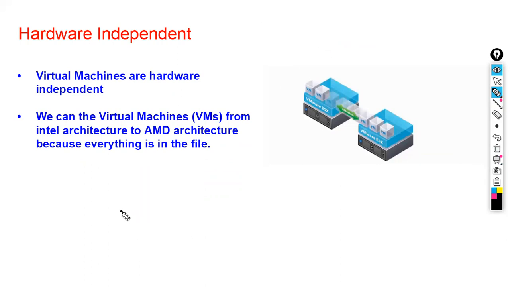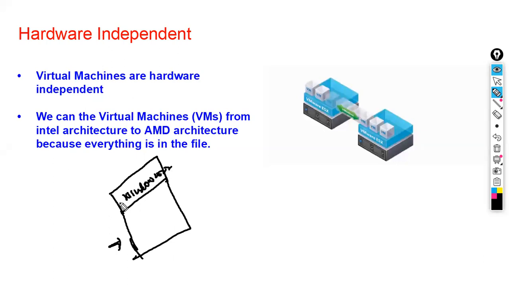Let us say you have one hardware server and you are not using virtualization here. Okay, this is the hardware server, and on the top of this hardware server you have installed Windows Server 2022 and you are using Intel architecture here. On the top of it you have installed the applications.